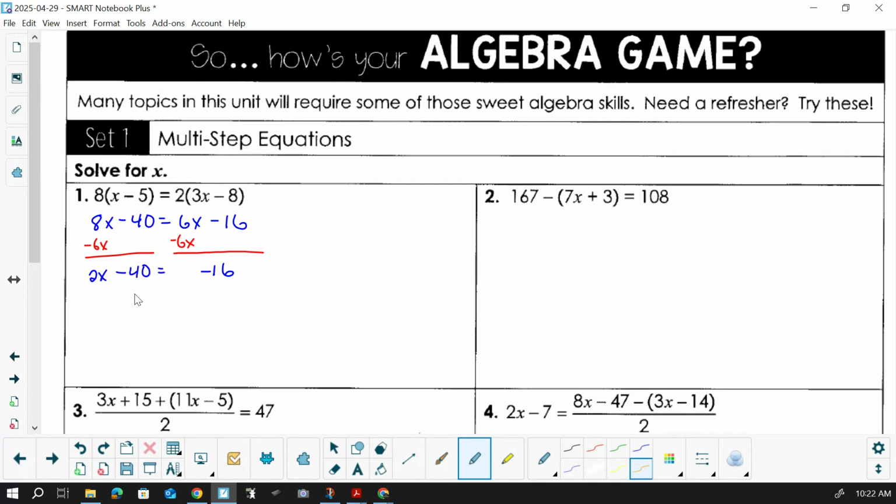And then we are going to add 40 to both sides, leaving us with just 2x on this side equals, and negative 16 plus 40, I think it's 24, but let me double check. Negative 16 plus 40 is positive 24. Divide both sides by 2, and we get x equals 12.